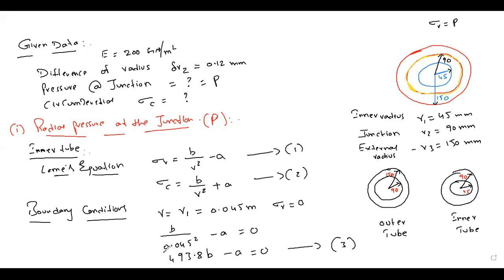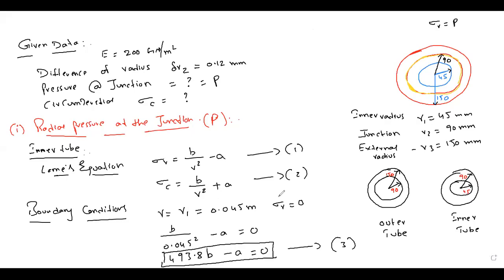This equation is with constants A and B, based on the first boundary condition. Understood? Let me write the equations properly: 493.8 B minus A is equal to 0 is your third equation.